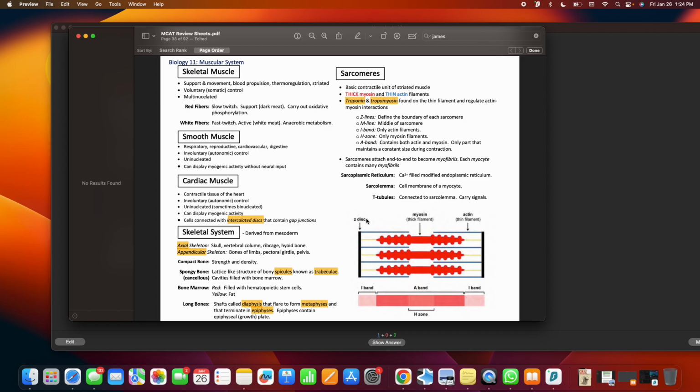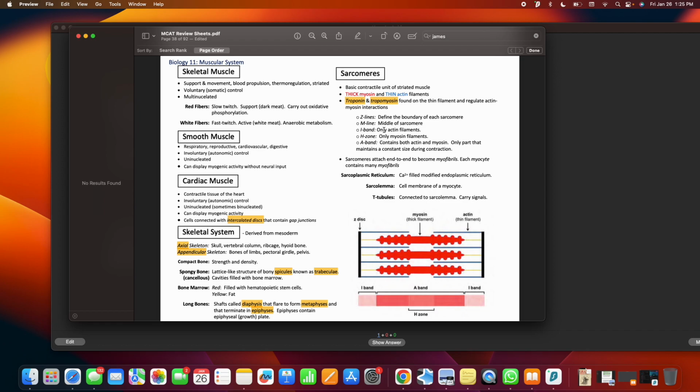Z discs are also another name for Z lines. Now, Z lines define the boundary of each sarcomere. So we need to be able to draw this. This looks like the thick filament, myosin, and these look like the thin filament, actin.